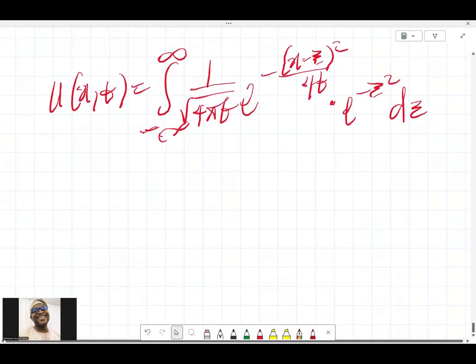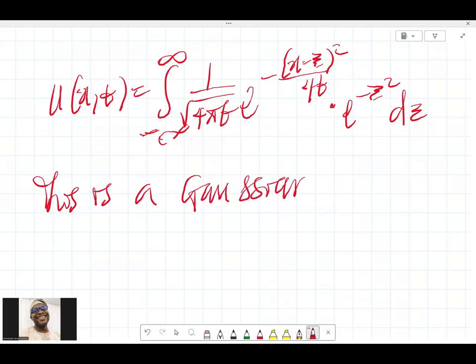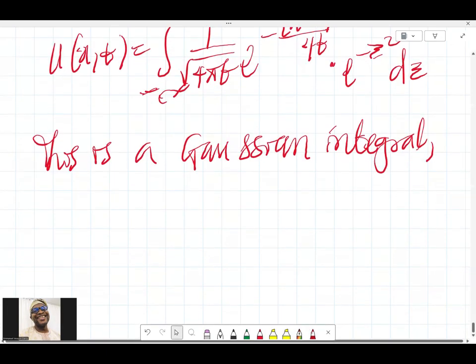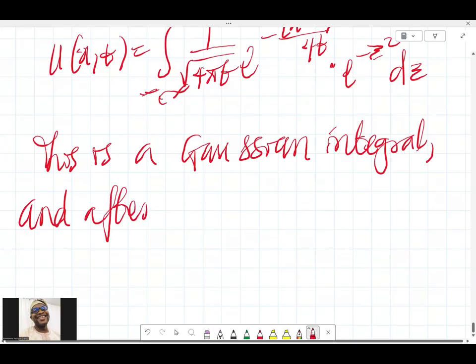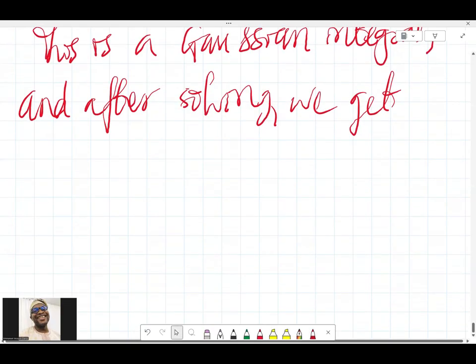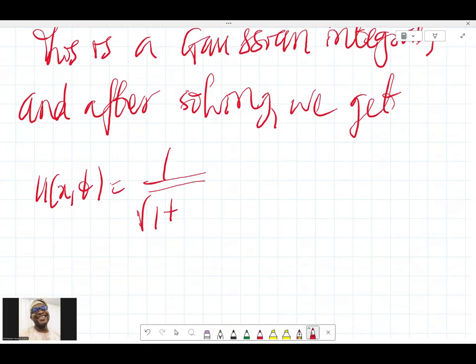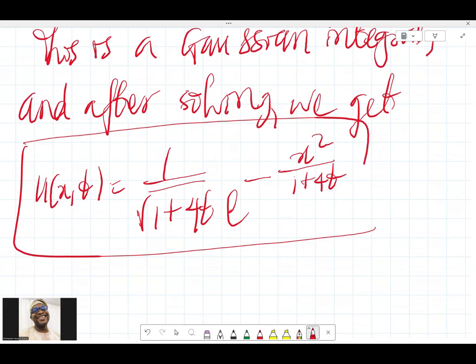Okay, so we see that this is a Gaussian integral, and it will be a lot of trouble solving it. But after solving, we get the solution u of x comma t equals 1 over square root of 1 plus 4t times e raised to minus x squared all over 1 plus 4t. So this ends up being the solution when we solve all of that big equation.